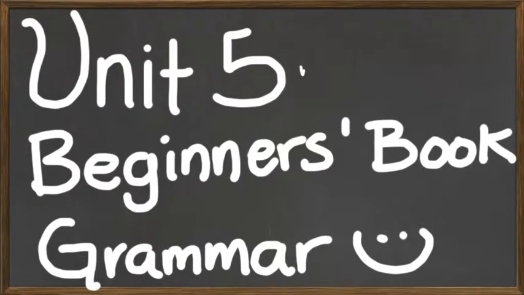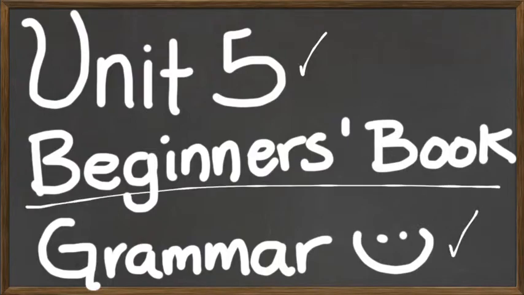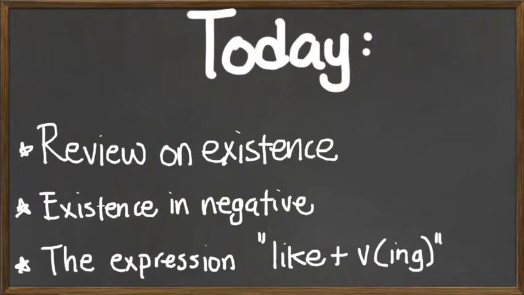Today we're looking at Unit 5 where we'll be working on the grammar of our beginner's book. Let's begin. Today we have 3 items we're going to check. Item number 1 is review of existence. We saw this grammar item in the last video.